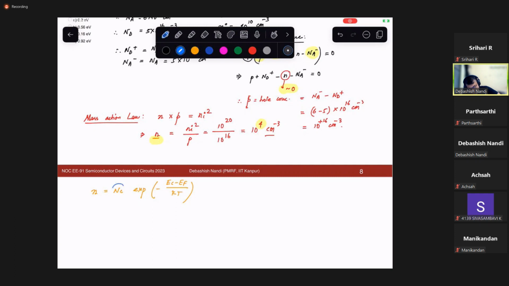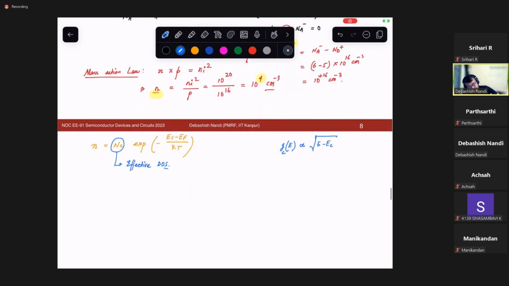What is this quantity NC? This is nothing but your effective density of states, effective DOS. Your G of E for the conduction band is of the form square root of E minus EC, where EC is the conduction band edge.